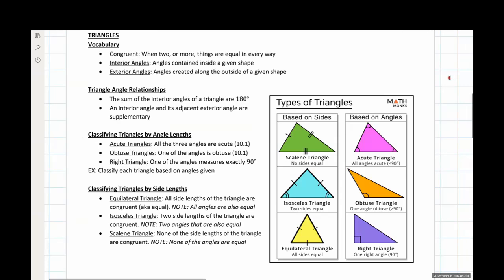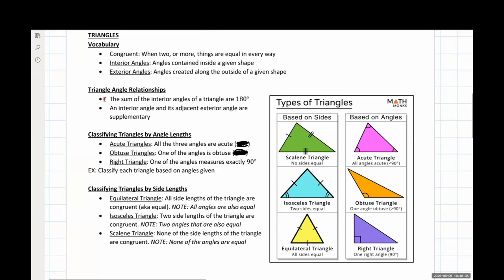Okay, so triangles. We have a lot that's going on here with triangles, and at the same time, it's kind of not a whole bunch as well that we're going to need to really worry about. So a lot of this, again, definitions of things. We have some previous definitions coming back, our congruency, what that represents, our interior angles and exterior angles, which we covered yesterday.